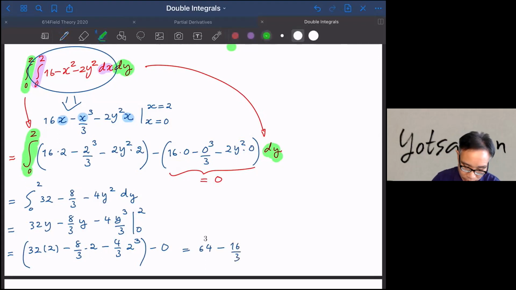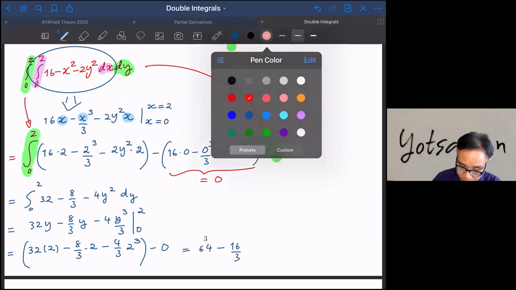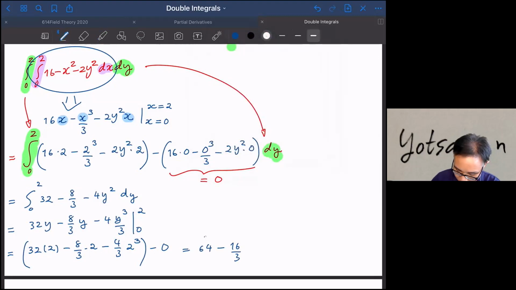Let me erase this 3 so you're not confused. You're going to have 8, right? So it's going to be 32 over 3. And you see that the total turned out to be 64 minus 48 over 3, which is equal to 16.